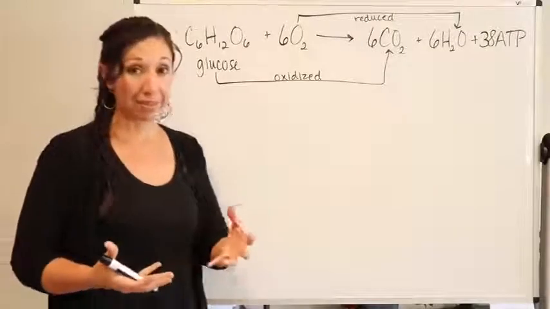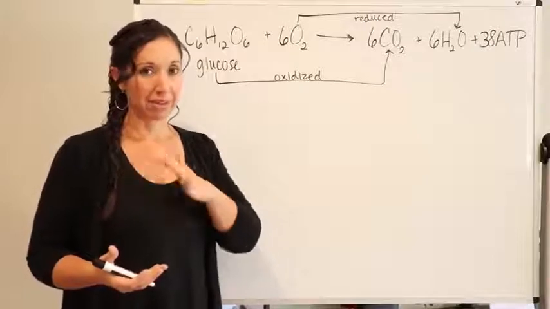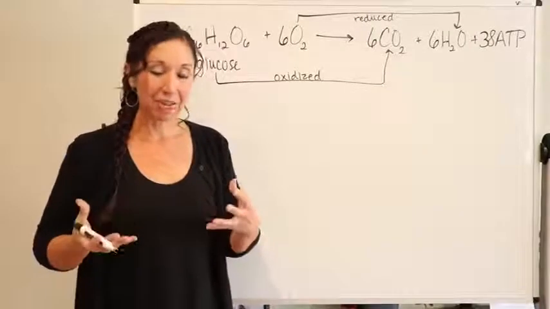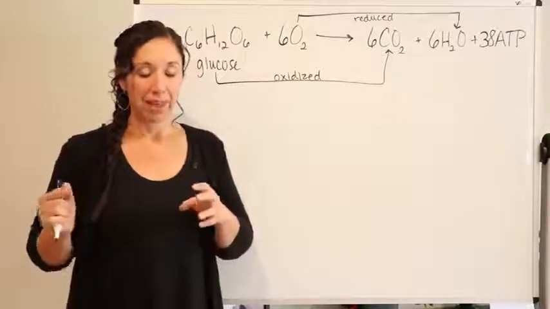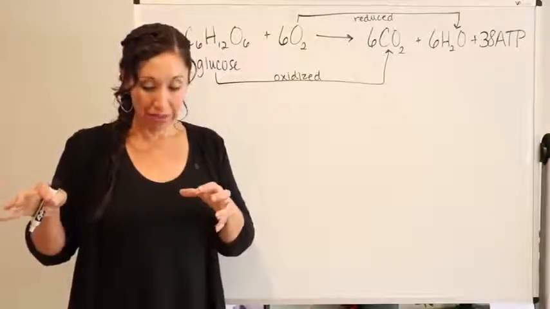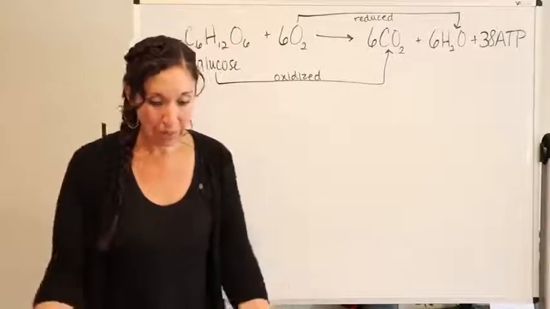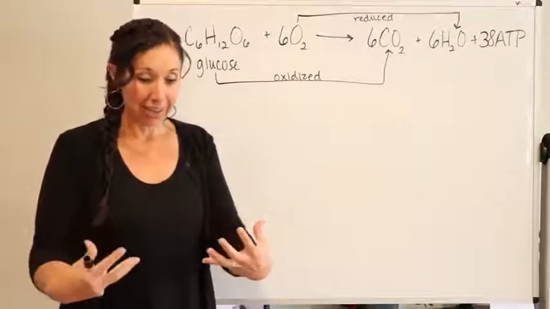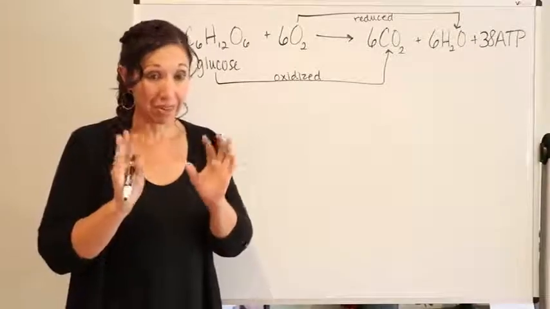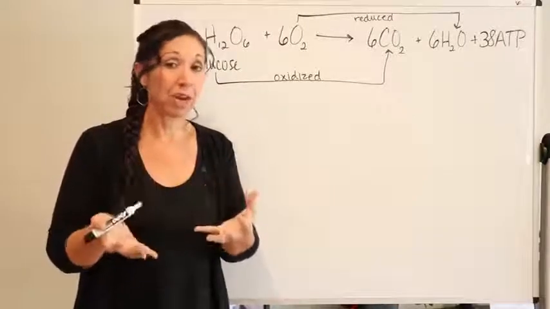I want you to think of these guys in the play, and this is how I've always taught my students, and it seems to work. So if the electrons are children, and we're going to work with 2 electrons at a time, you're going to have this molecule act as a parent, a mom or a dad, and pretend these are like itty bitty children, like infant toddlers, and they can't do too much on their own, so you're helping them out.